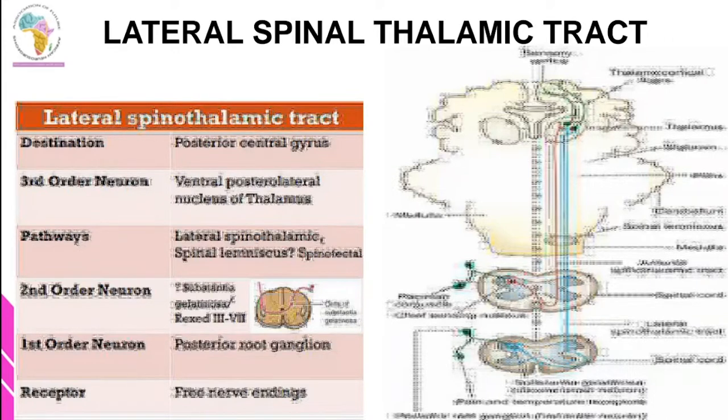You can perform a cordotomy to relieve pain on the opposite side of the body, because we know the lateral spinothalamic tract tends to cross at the level of the spinal cord. So if you perform a cordotomy, or you try to resect these spinal nerves in this region, you might be able to relieve pain in the opposite side of the body.